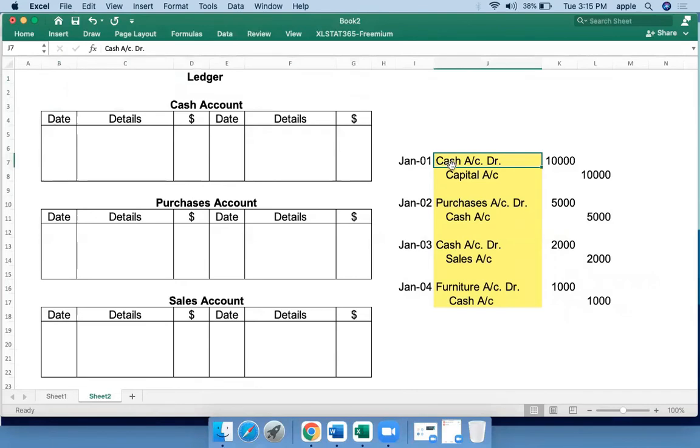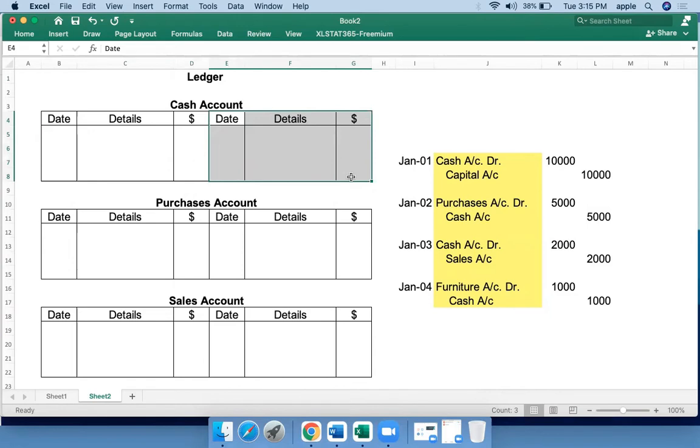Now tell me, in the first entry, which two items are there? First one is cash and capital. So cash is debit now. This highlighted part is the debit side. And this other highlighted part is which side?